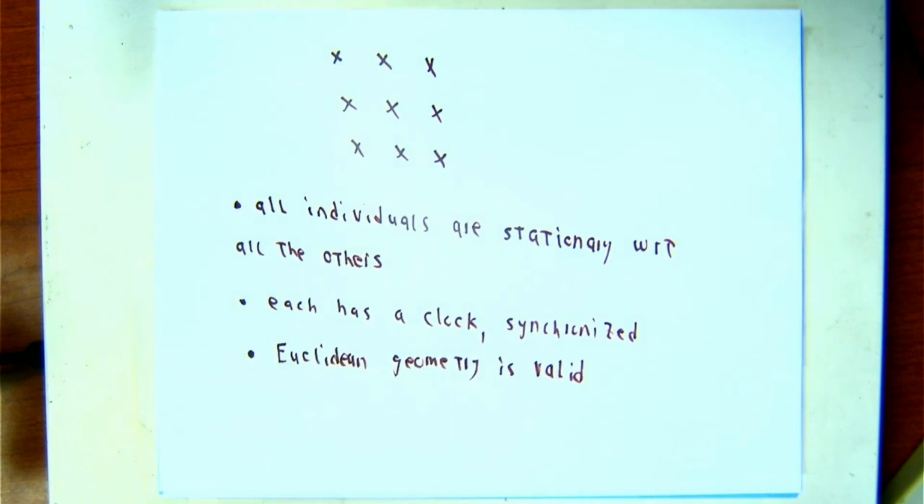Also, we will assume that Euclidean geometry is valid. You might take that as a ridiculous given, but, well, we'll see later. And lastly, I want Newton's first law to be true.